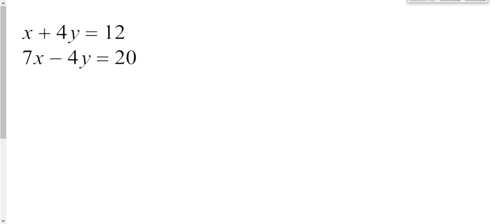Say we have an equation where it doesn't already say x equals or y equals. We have x plus 4y equals 12, and we have 7x minus 4y equals 20. Neither of them say x or y equals.